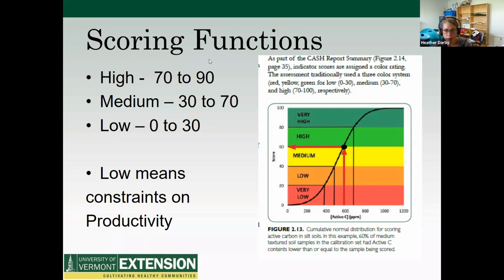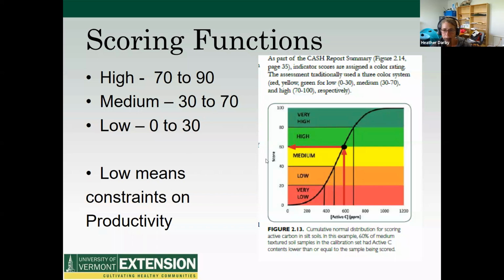And if you think about this, it says 70 to 90, but that actually should be to 100. You can score 100. But you're going to score high in any given indicator if you get a score of 70 to 100. Okay, and that 70 to 100 basically is very similar to a chemical test.